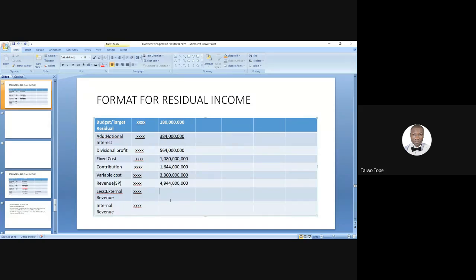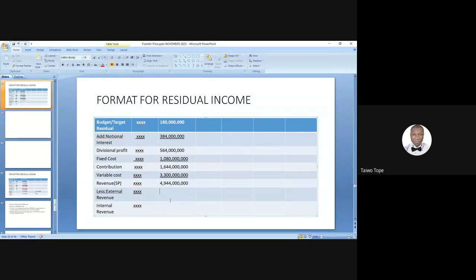Now, based on the question, our external sales in units will be what? 110, if I'm not mistaken. Yes, sir, 110. So how much are we selling externally? 35,000. So what will be the external revenue now? 35,000 multiplied by 110, isn't it?